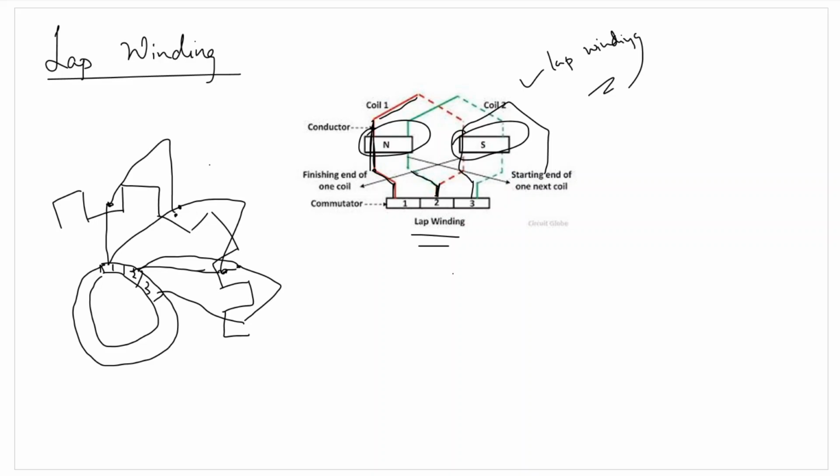Due to such connection, these conductors will be divided into p number of parallel paths. Here we are actually showing only two poles. In case there's a four-pole structure, these coils will be divided into p number of parallel paths.